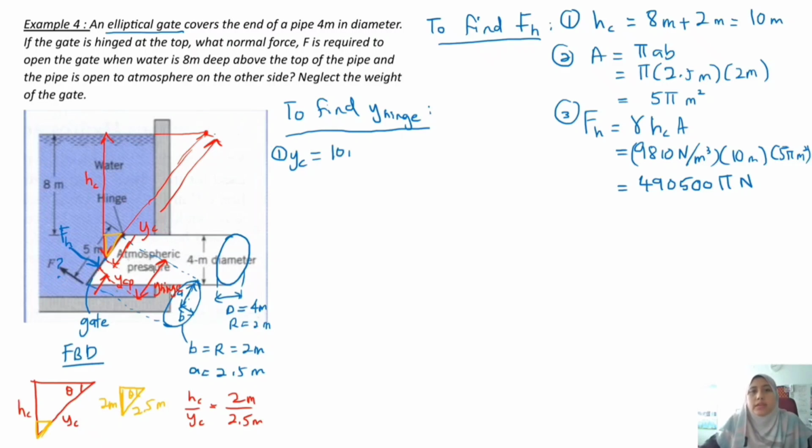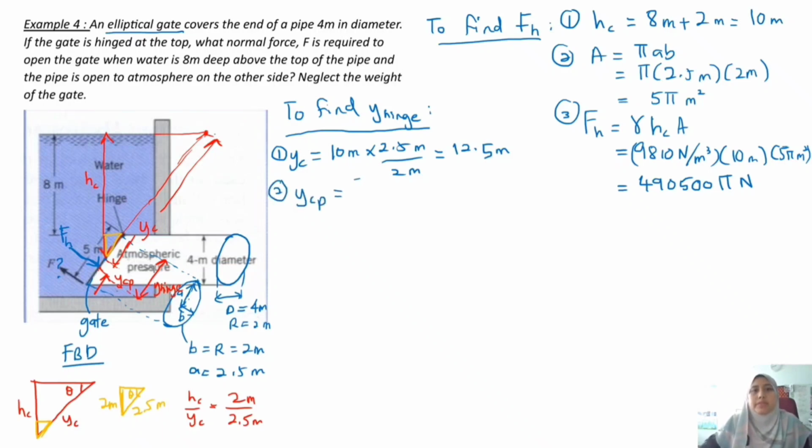HC is 10, so 10 times 2.5 divided by 2. You should be able to get the answer, which is 12.5 meters. Right? So 12.5 meters.